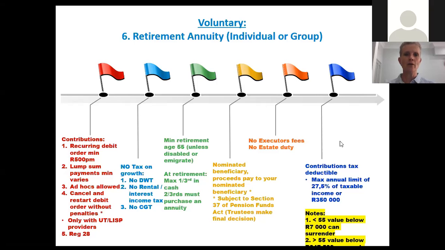However, if you have an RA with Liberty of 80,000 and another RA with Liberty of 100,000, again, it's the amalgamated amount, so you would be able to cash it in. If the two together go over the 247,500, you would not be able to cash it in, okay? Because they aggregate the amounts of the retirement annuity funds under the umbrella of the service provider. In other words, Liberty, Old Mutual, Sanlam, Momentum, okay?